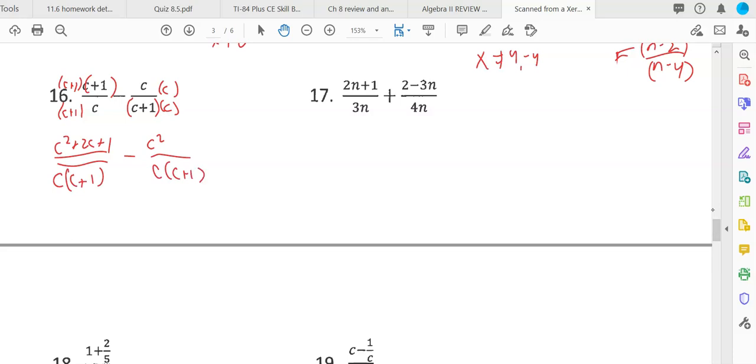Plus 2c, yeah, so c squared goes away, so we get 2c plus 1 over c times c plus 1. Denominator c cannot equal 0 or negative 1.